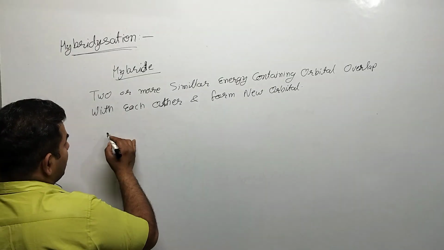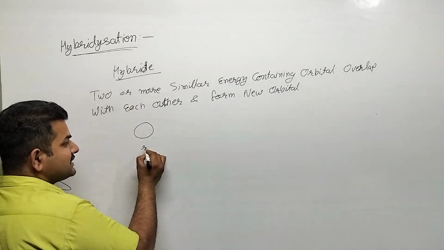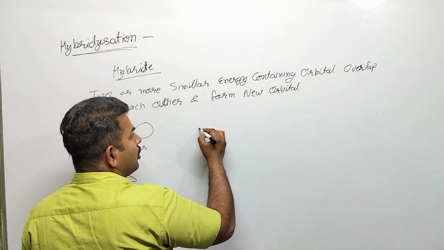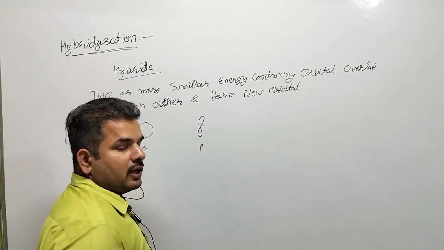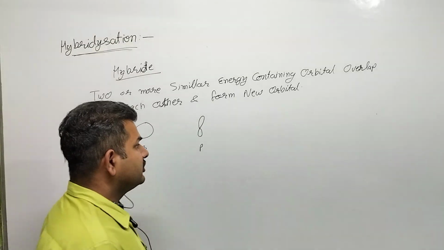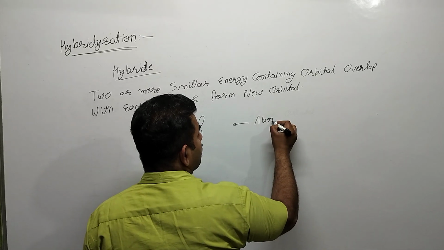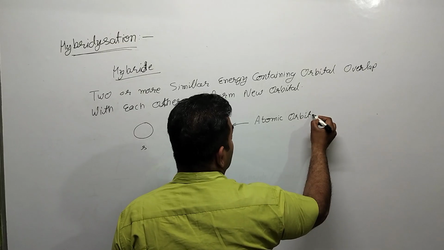We take the example, suppose we have the s orbital. S orbital is spherical in shape, and we have one of the p orbitals, and p orbitals are dumbbell in shape, and these are atomic orbitals.